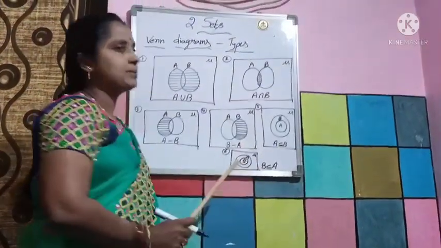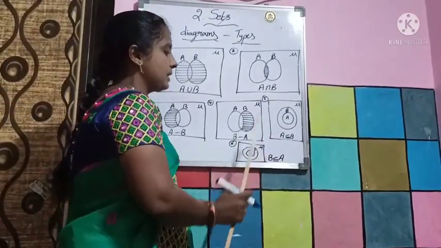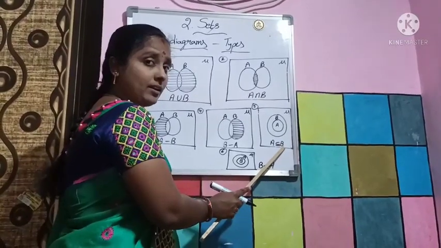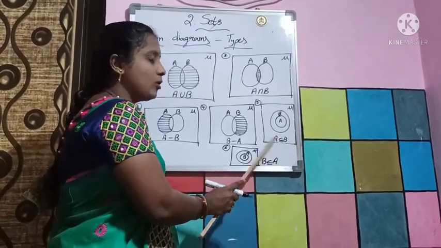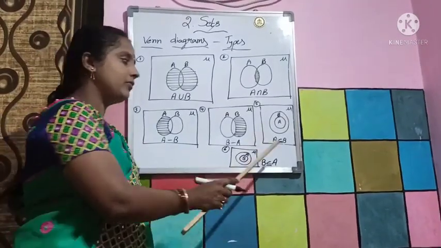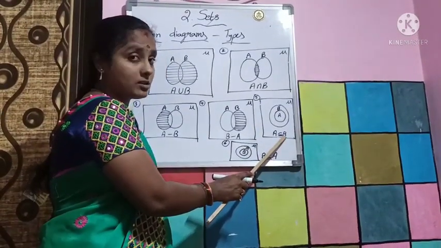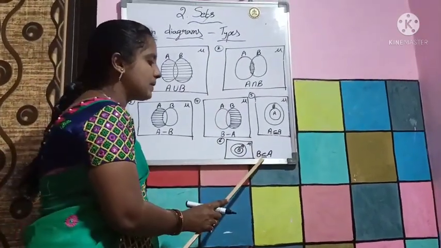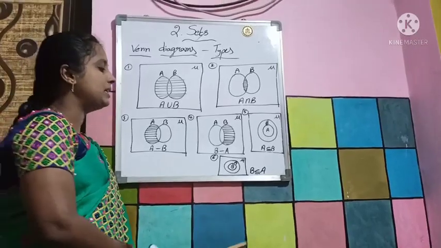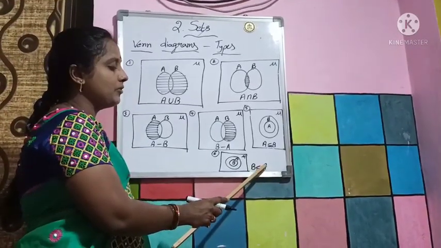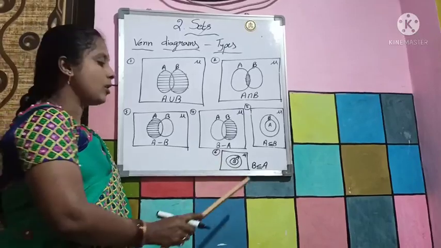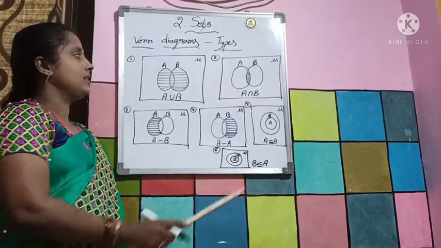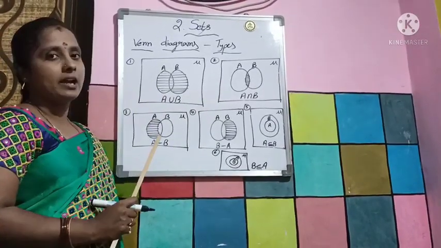Next, A subset B means every B element is also an A element. Every B element is also an A element is called A subset B. Next, B subset A. B subset A means every element of A is also an element of B, and that is called B subset A. These are the types of Venn diagrams.